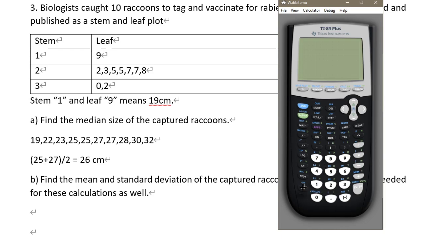So you do 19 plus 22 plus 23 plus 25 plus 25 plus 27 plus 27 plus 28 plus 30 plus 32, and enter. You get 258, and then because there are 10 items, you end up with 25.8.